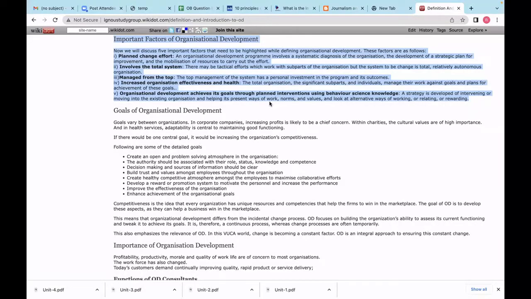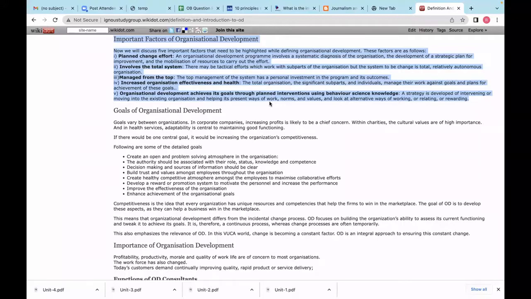That is what an intervention is. So OD uses these interventions and also behavioral science knowledge to achieve its goals. We talked about culture and how exactly culture could change; behavioral science plays a big part here. That is the fifth item. So when it comes to important factors, this is what you need to tell.